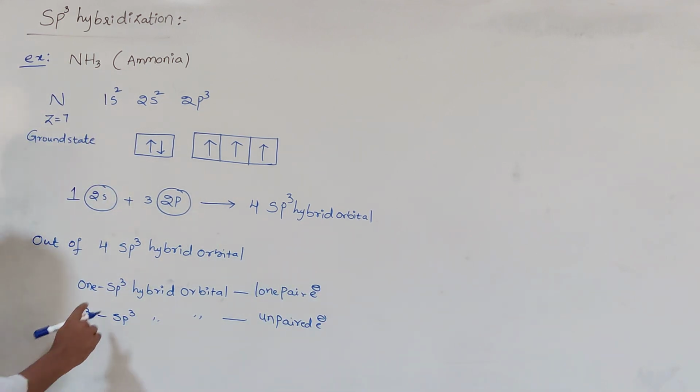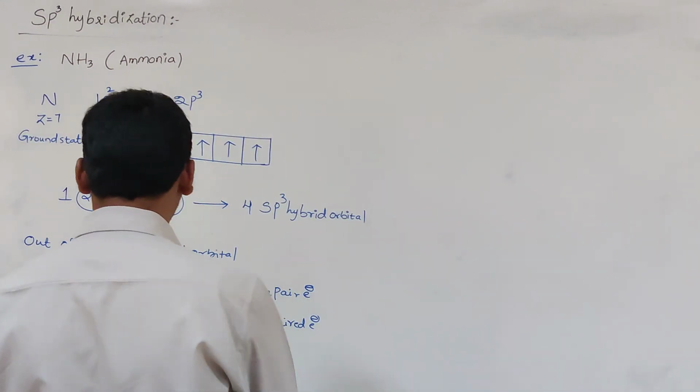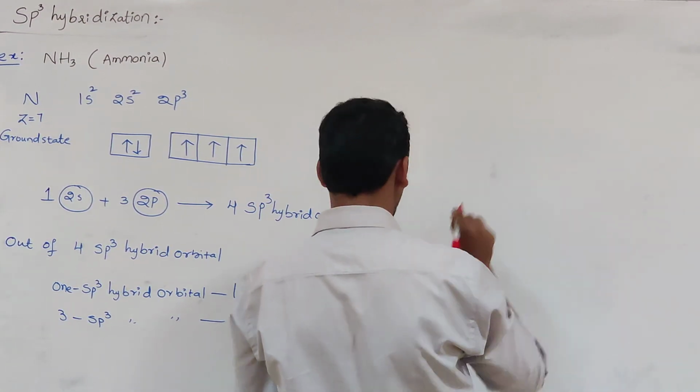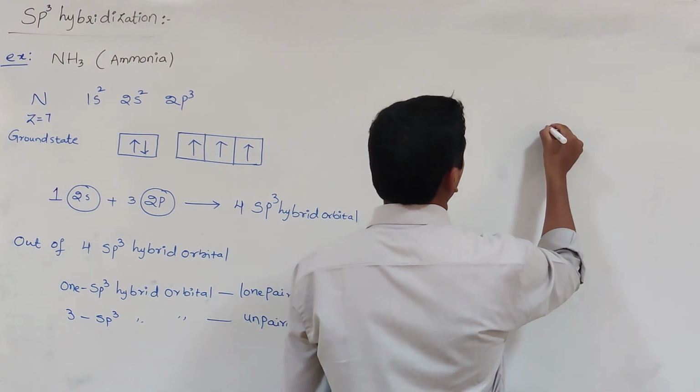Now these 4 sp3 hybrid orbitals are oriented in space in which shape? Tetrahedral shape. So this is nitrogen.